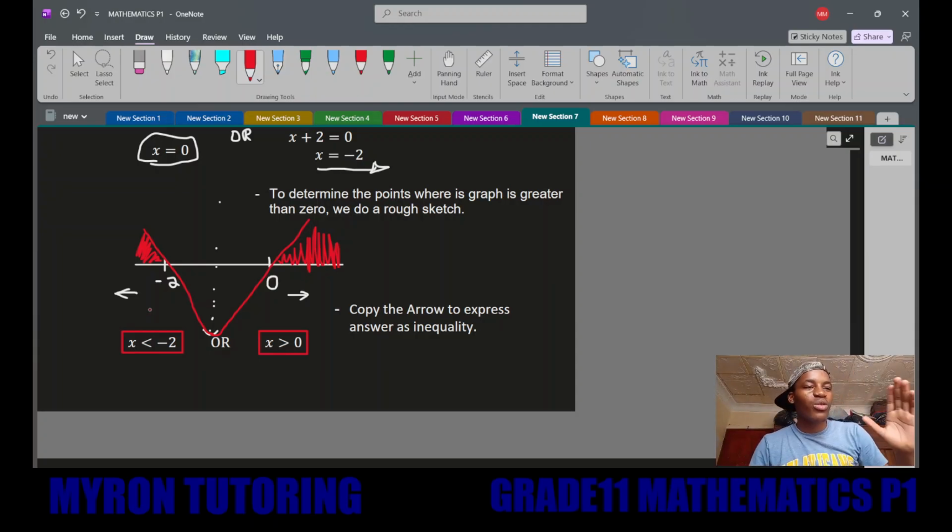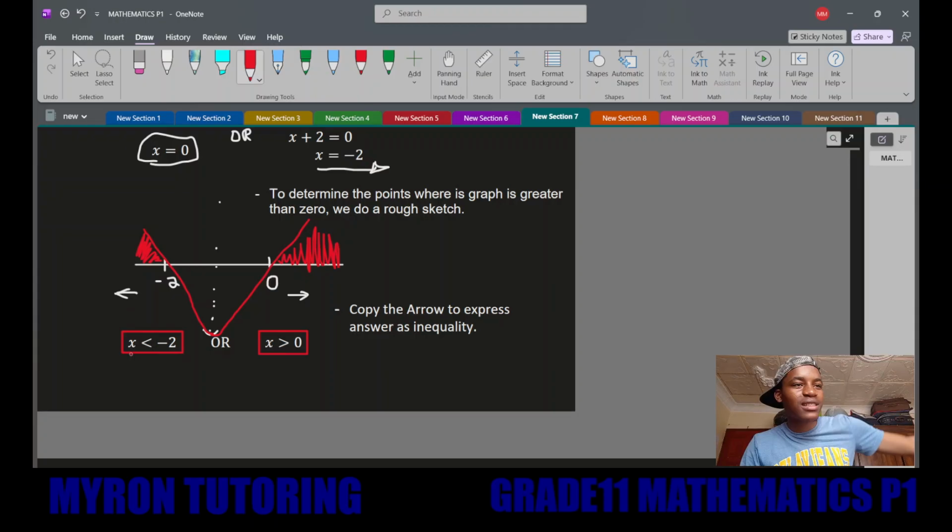So all you need to do is draw an arrow pointing to where the numbers are going to be greater than 0, which is there. To the right, to the left, they are greater than 0.